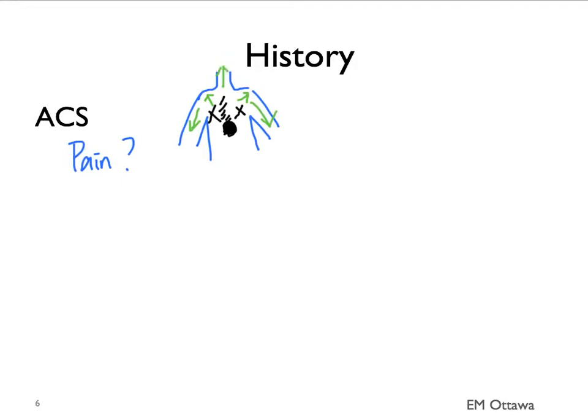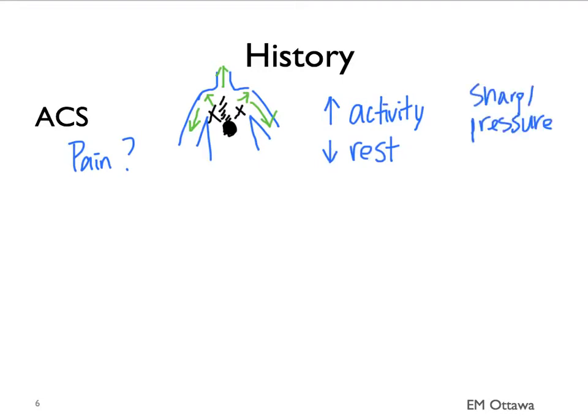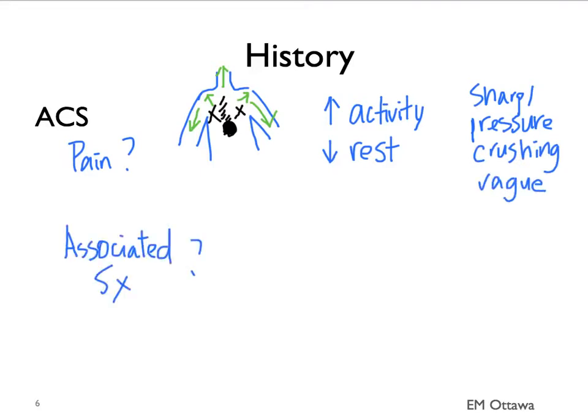The pain can be worse with activity, or it can be decreased by rest. The patient can describe the pain as sharp, pressure, crushing, or it can be very vague. Associated symptoms can include diaphoresis, shortness of breath, and nausea.